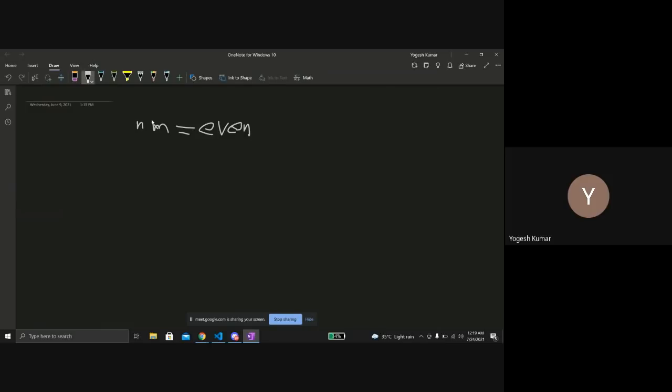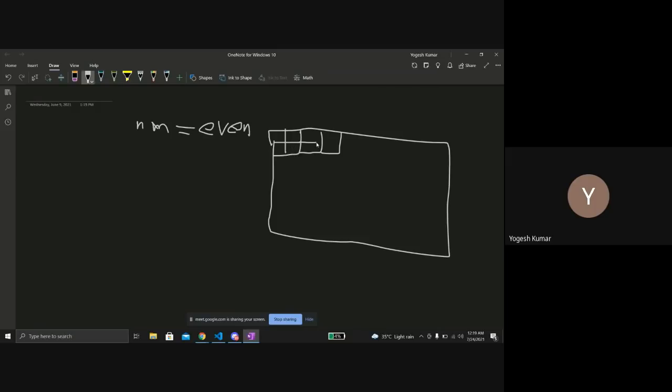If we suppose that both of them are even, then it becomes really easy, because if both of them are even, then you can divide the whole matrix of n cross m size into squares of 2 cross 2. Okay, because both n and m are divisible by 2.